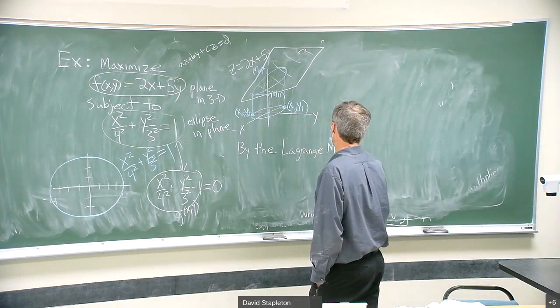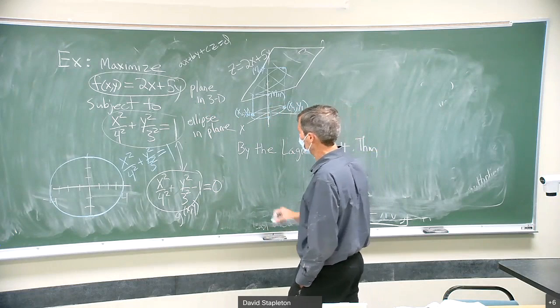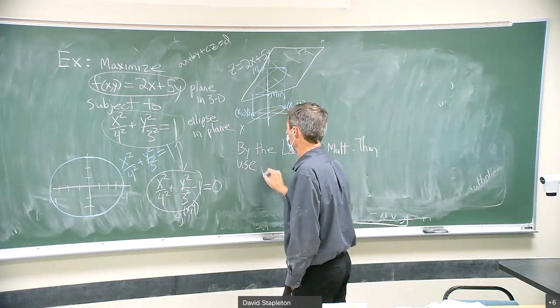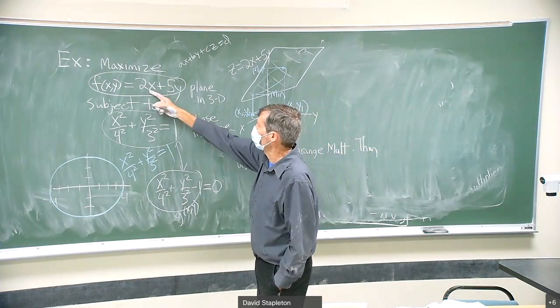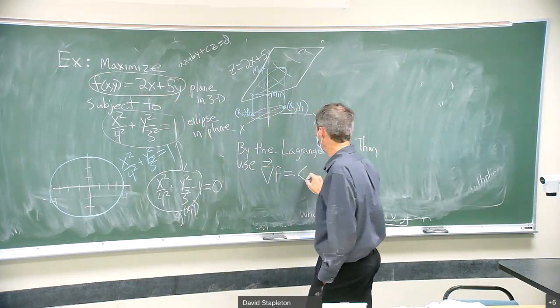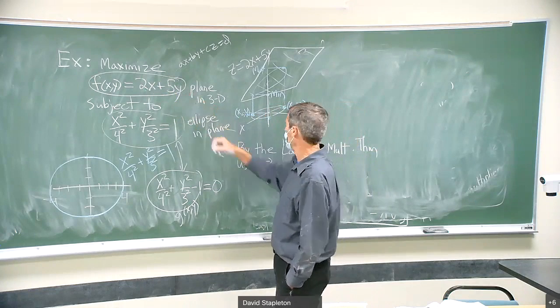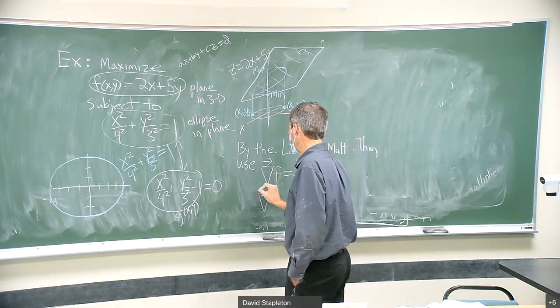So by the Lagrange multiplier theorem, we need to use the gradient of f. What's the gradient of f? Well, it's the vector of partial derivatives, right? It's partial of f with respect to x, which is 2. Partial of f with respect to y, which is 5. And so we need to use that. We also need the gradient of g, right?